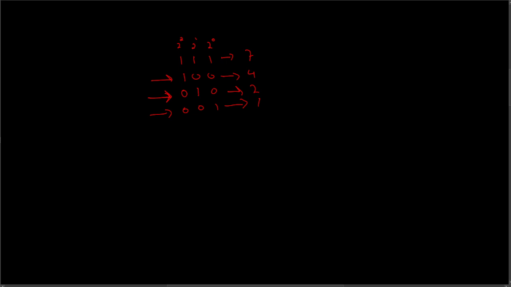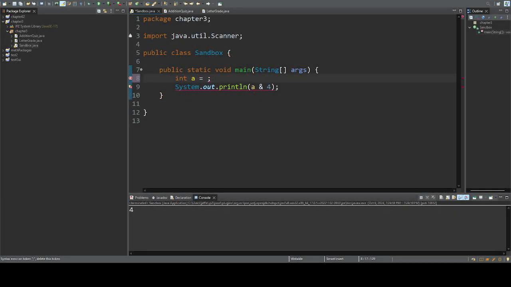Now, let's say I only turned on the first and the last bit, so the first bit would be a 1 and the last bit would be a 4, that would be a 5.